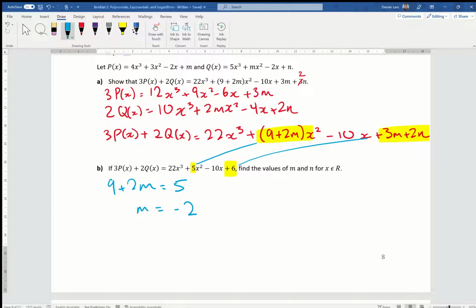The next one we're equating would be 3m plus 2n equals 6. Again, because I'm equating the constants in both cases. And we end up with, well, we've got two variables. We can actually substitute this one in. We end up with negative 6 plus 2n equals 6, therefore n equals 6.